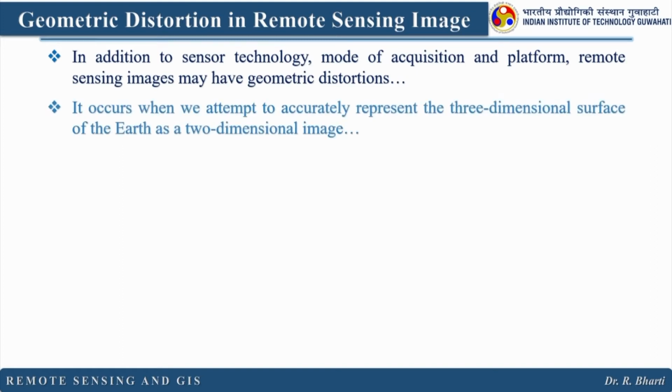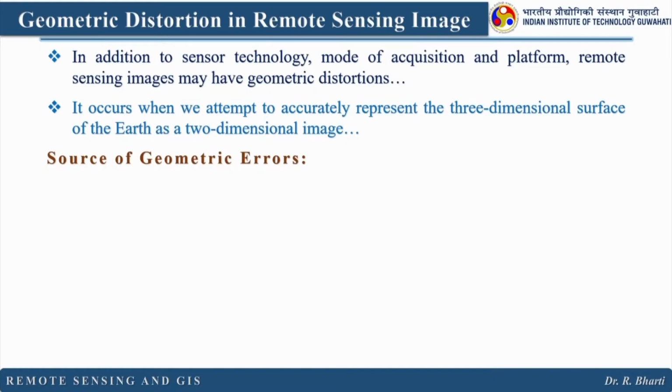It occurs when we attempt to accurately represent the three-dimensional surface of the earth as a two-dimensional image, because whenever we capture any image, whether from space, from airborne, or from a normal camera or mobile, we always convert a 3-dimensional scene into 2-dimensional. The transformation from 3 dimensions to 2 dimensions creates lots of problems.